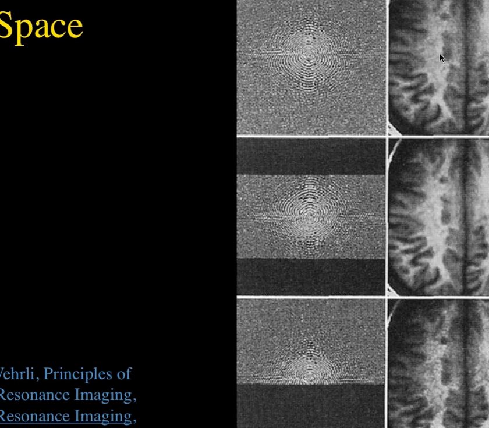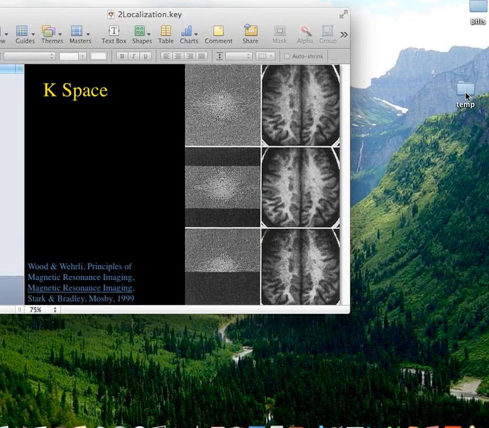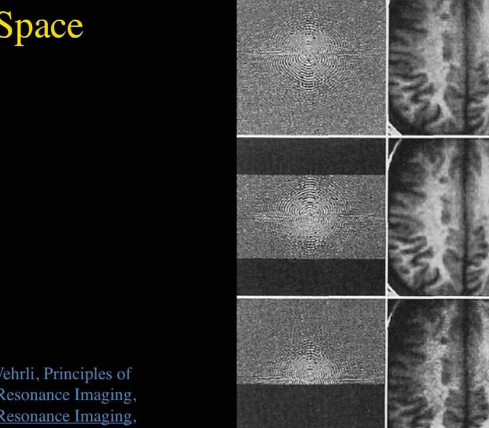If you're trained properly, you should be able to look at this and make the same diagnosis as looking at the one on the right. Any questions about that? If you're trained, you're telling me people could read K-space like an image? If you were smart enough to, yes. I don't know of anyone who can.